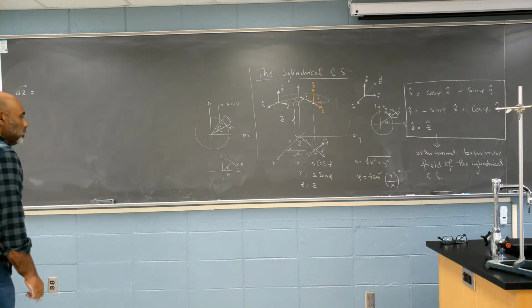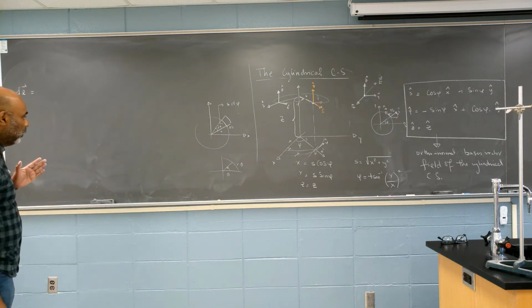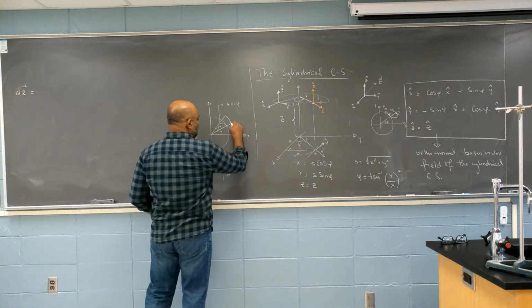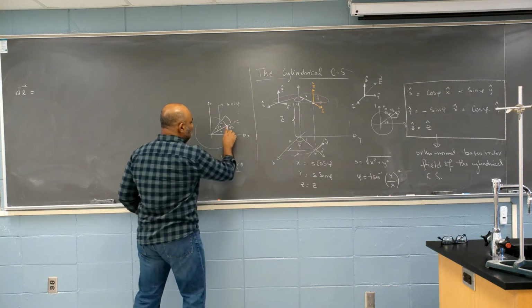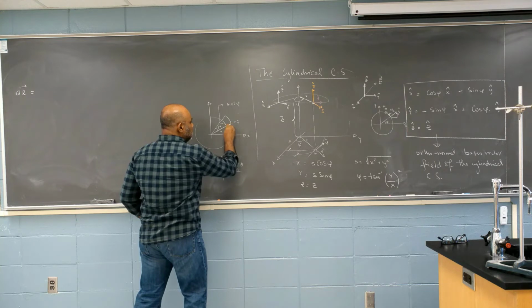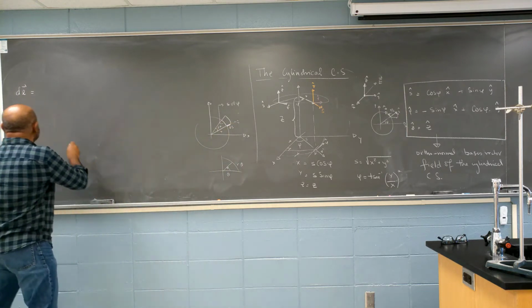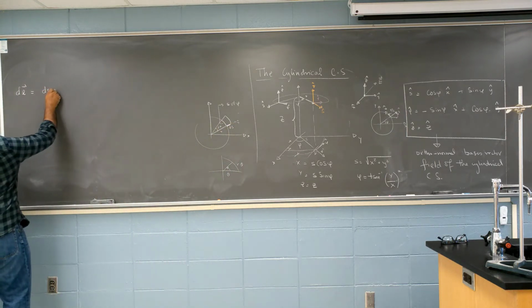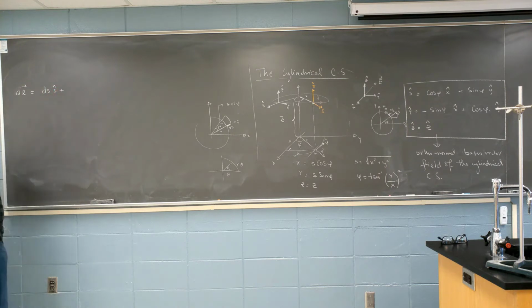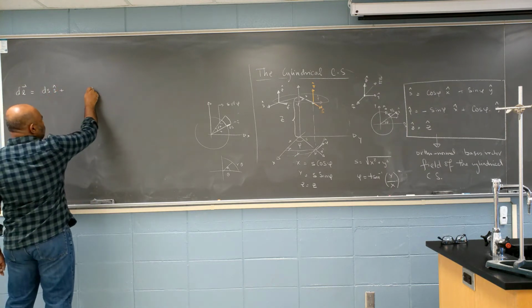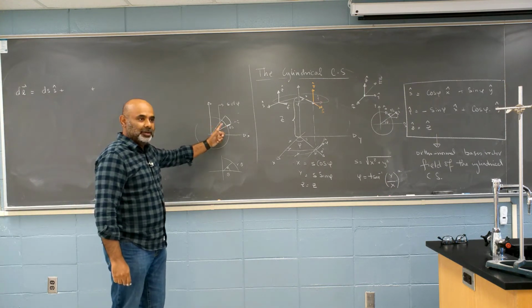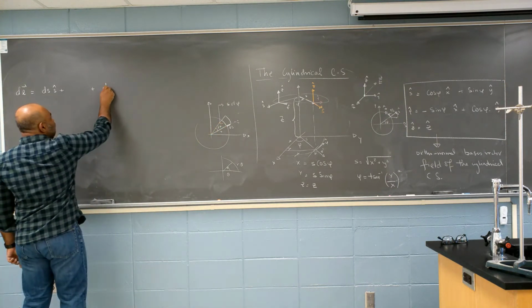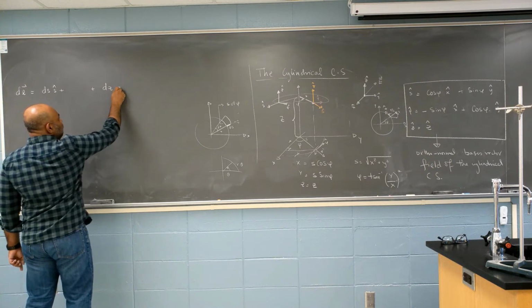If I go only in the s direction, this is my s hat, all I'm doing is traveling a distance of ds. So I get ds s hat. Z is also a nice Cartesian. It's coming out of the board. So let me write dz z hat.